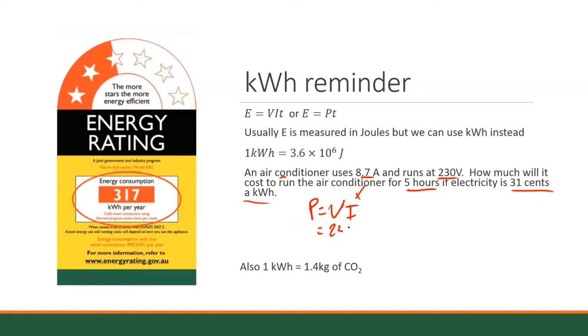We've got 230 volts times 8.7. 230 times 8.7 is 2001 watts, which is about 2 kilowatts. Cool.